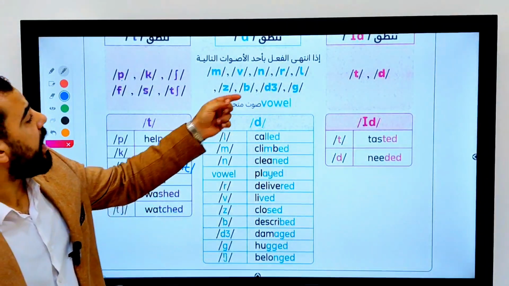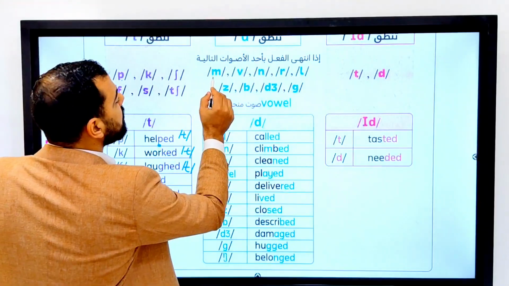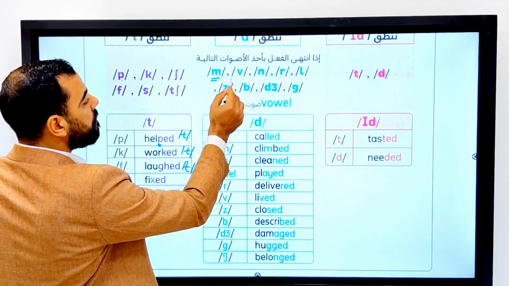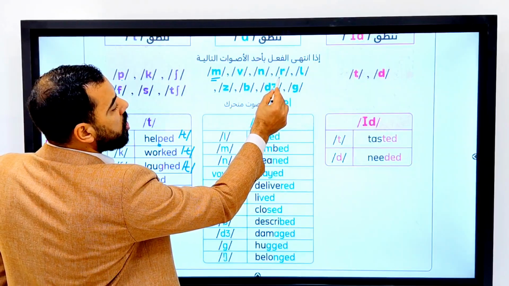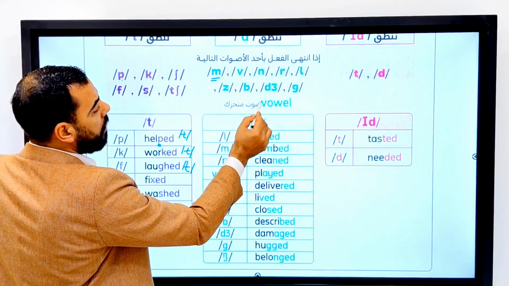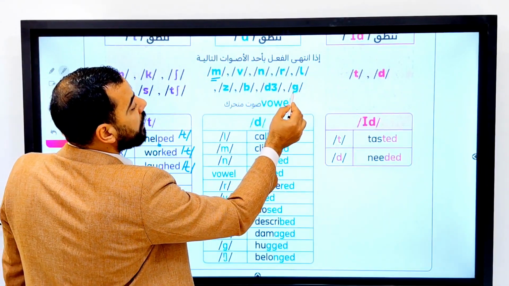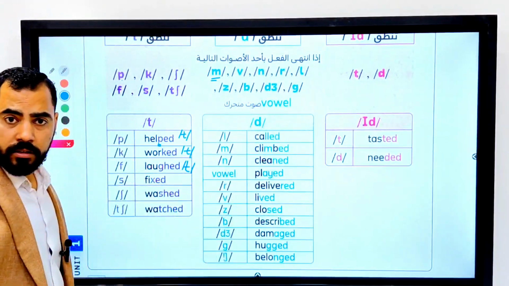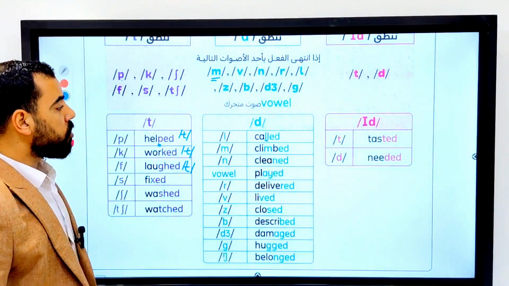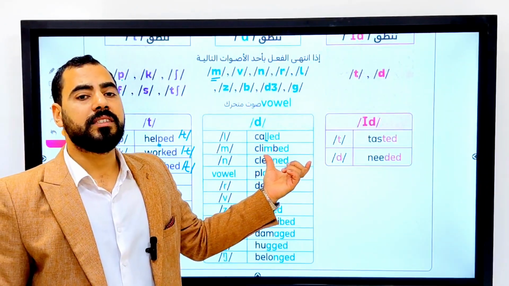When can we pronounce it with a d sound? When the last sound in the base verb is an n sound, z, v, j sound, g, or any vowel. For example, the last sound here is an l sound, so it's called, climbed.